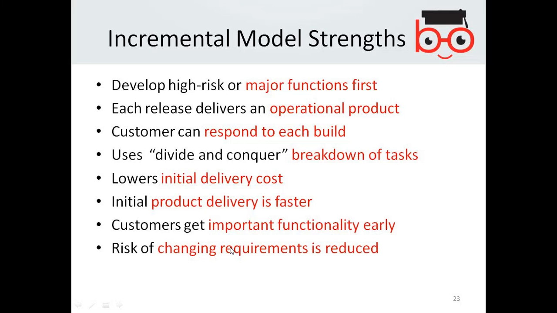Risk of changing requirements is reduced because you are working in chunks. You would not have completed the whole part at all if somehow the changes were there. If you expected the changes, then it would be easier to do the changes in the subsequent increments. Is it true? Okay.